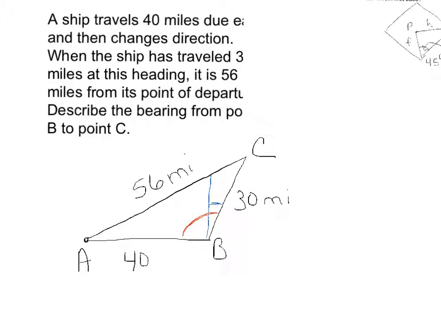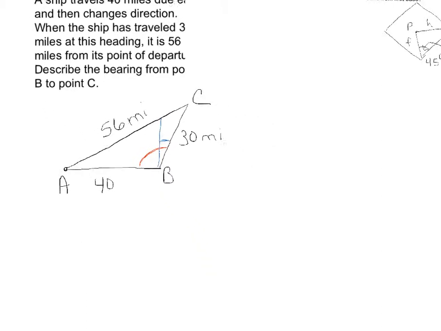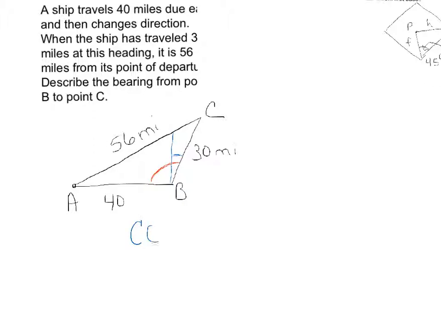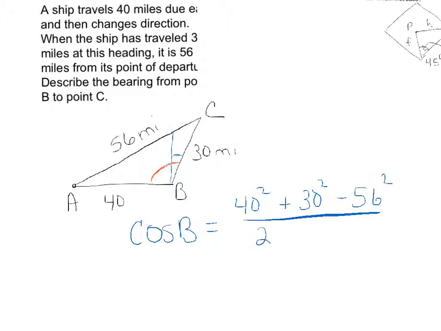We know that we've got three sides of this triangle, so I can use the law of cosines in order to find angle B. And we know the formula is going to tell us that the cosine of B is equal to, we're going to use 40 squared plus 30 squared minus 56 squared over twice 40 times 30.